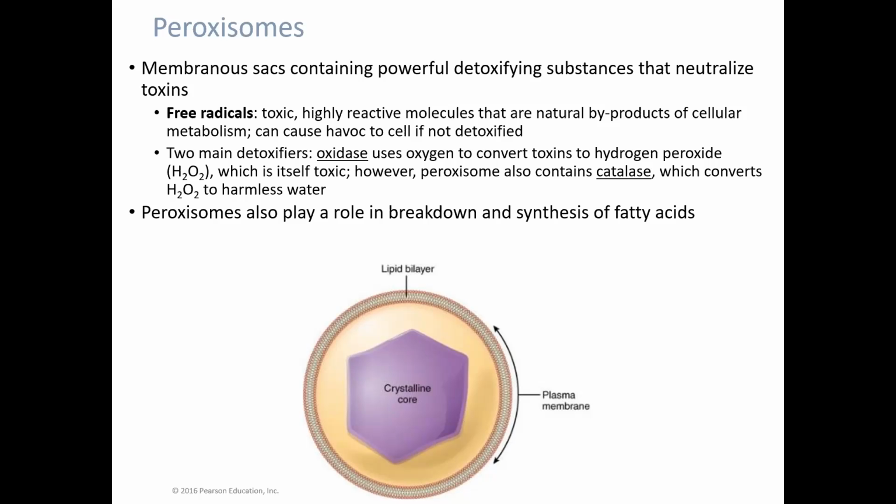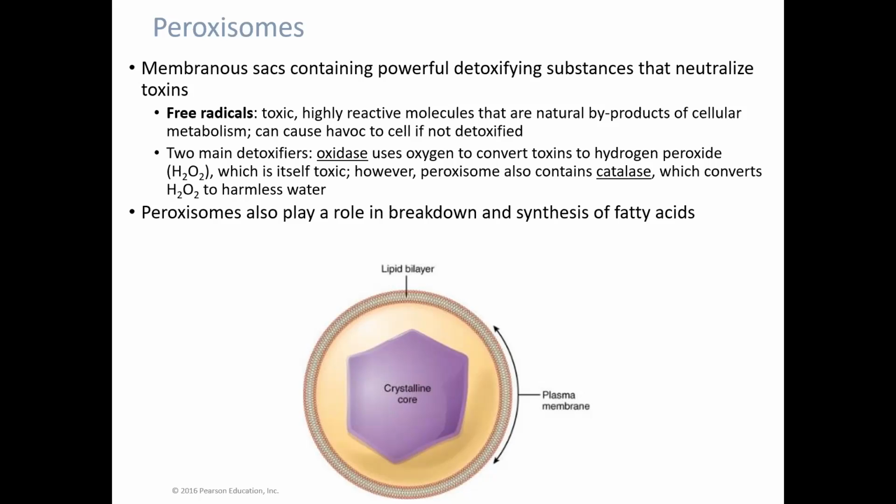So we break the hydrogen peroxide down to water. We use a second enzyme called catalase. So we form hydrogen peroxide, then we break it down to water. And so that gets rid of these free radicals.